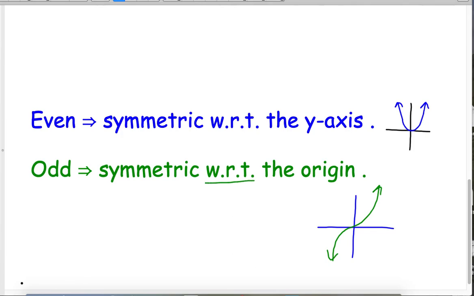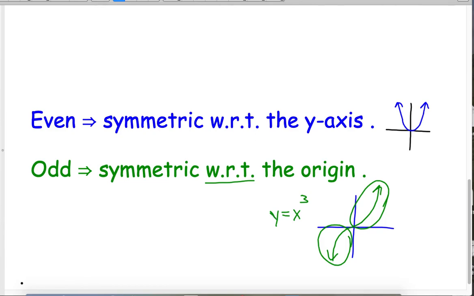What that means is that if you take, let's say, this part of the graph, reflect it over the x-axis and then over the y-axis, it goes right onto itself. And that's what it means to be symmetric about the origin. And in this case it does. So y equals x cubed is an odd function.